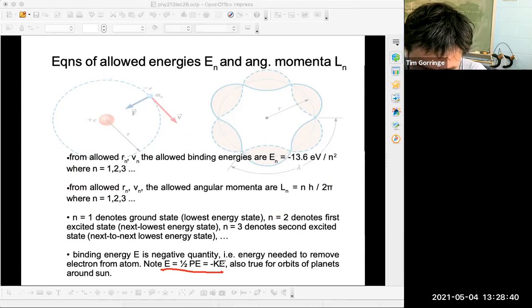So half the potential energy is equal to the kinetic energy. And it's also the opposite sign. It's negative. And so that's an interesting relationship between the kinetic energy, potential energy, and the total energy in the Bohr atom. And it's actually also true for the planets in the solar system. There's the same relationship between their gravitational potential energy, their kinetic energy, and their total energy.